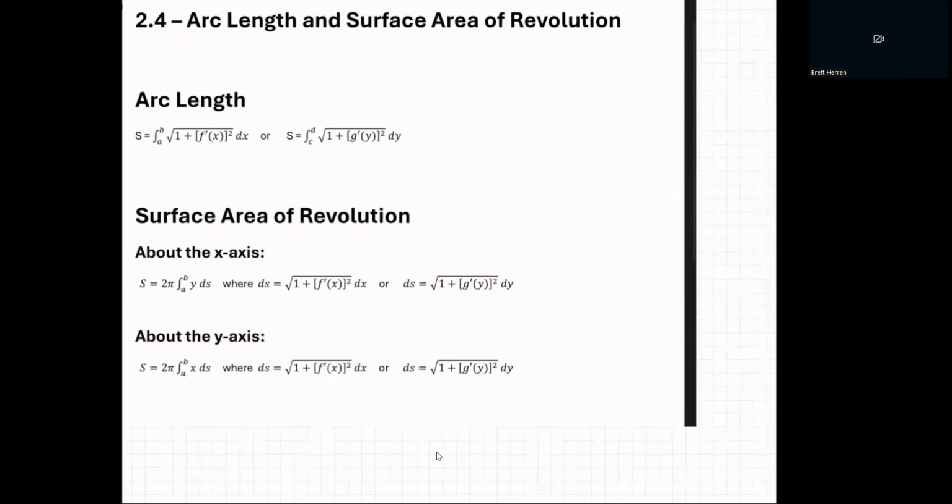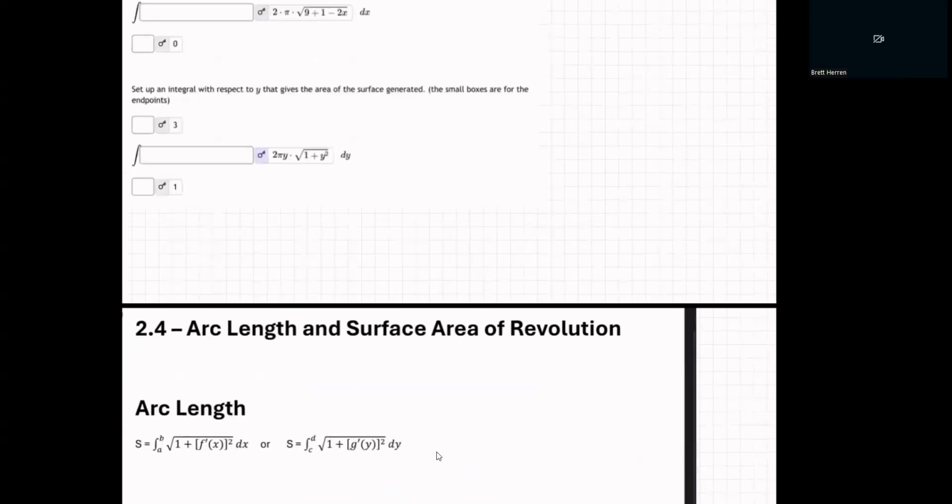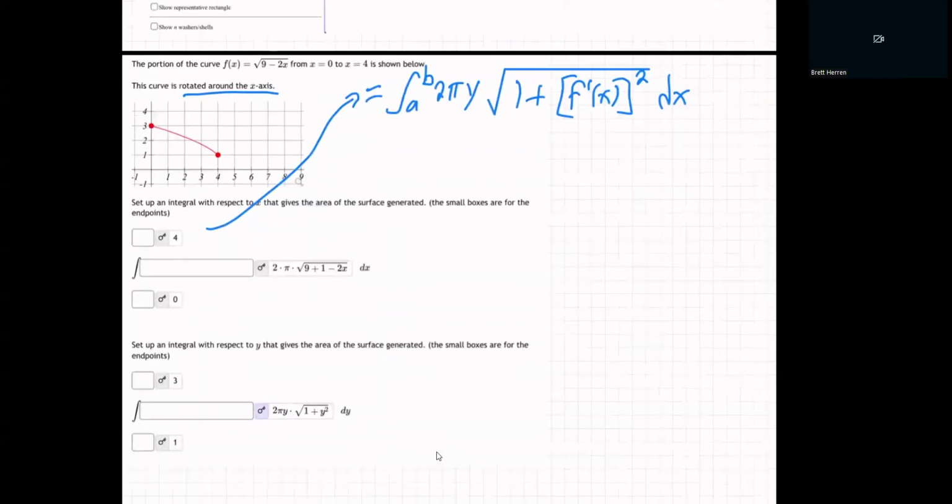So it's very similar to the arc length formula. So 2 pi y and then ds, and ds is square root of 1 plus f prime of x squared dx. And then we'll do the y one in a minute. All right, so let's do it. So the a to b, this is a and this is b because we're going along the x-axis. So that will be from 0 to 4, 2 pi.